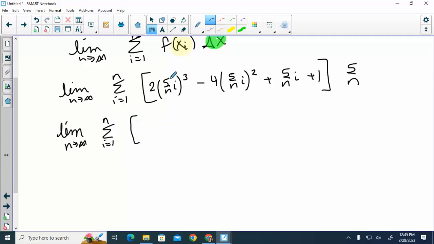So 5 cubed, 5 times 5 times 5 times 2 over n cubed i cubed minus 5 squared is 25 times 4 would be 100 over n squared i squared, plus 5 over n i plus 1.